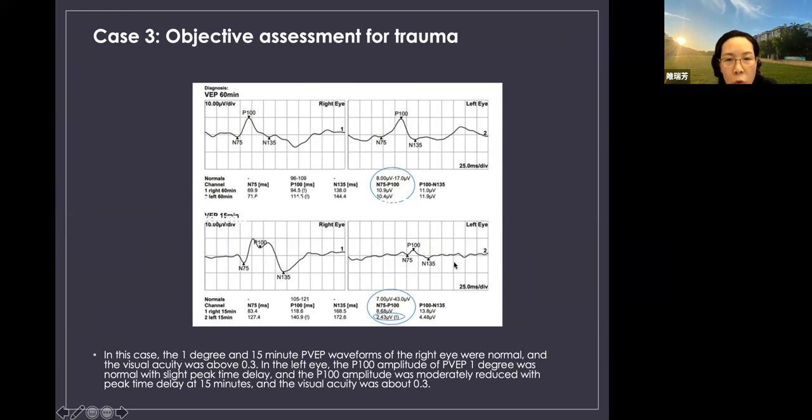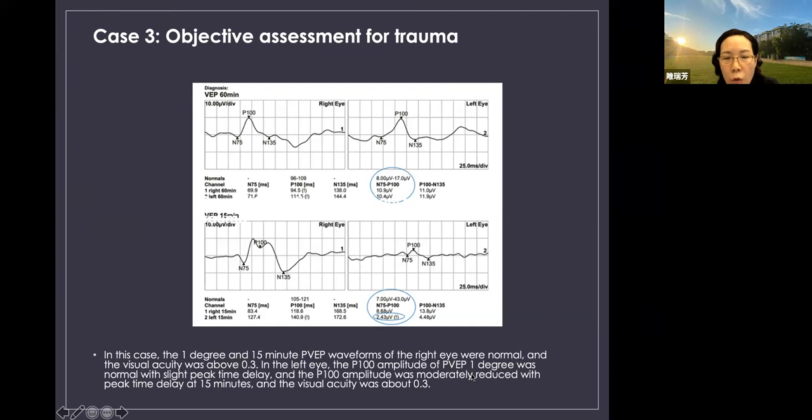But when we record the 15 minutes, we can see the left eye amplitude is severely decreased, and the peak time is also increased. So we know the left eye is damaged.